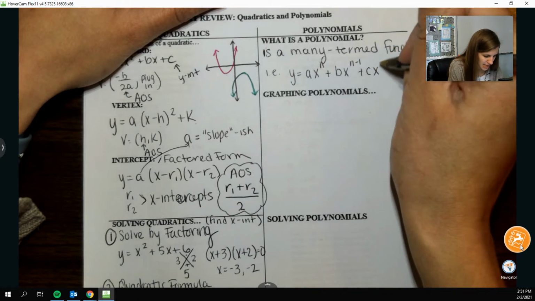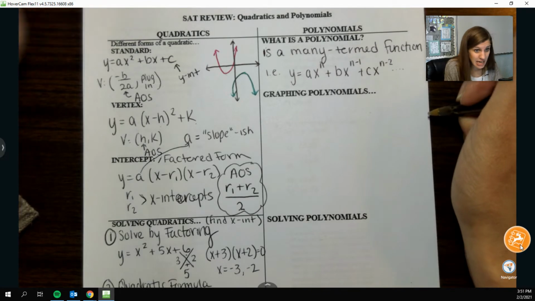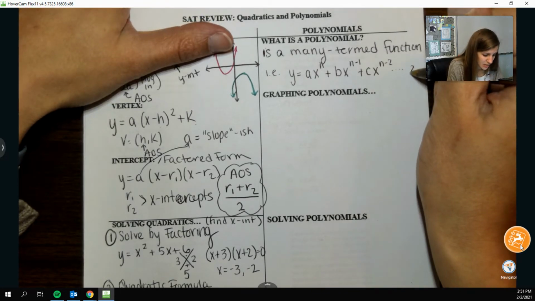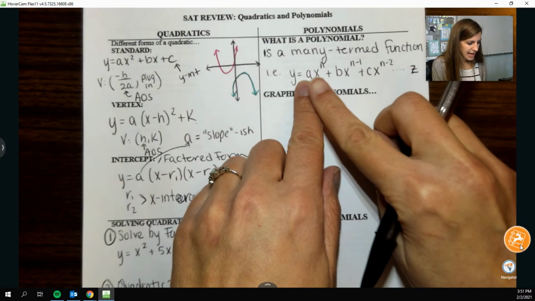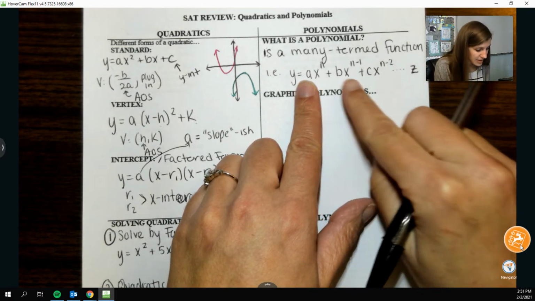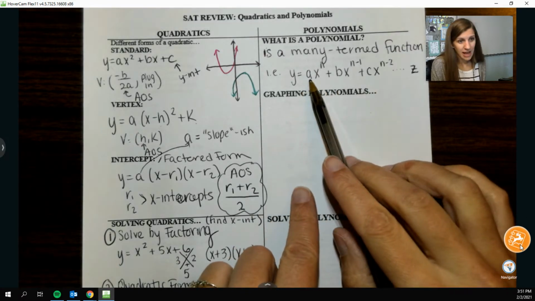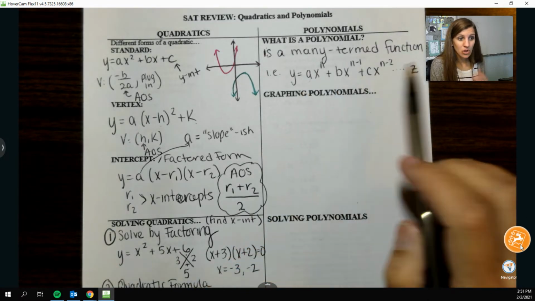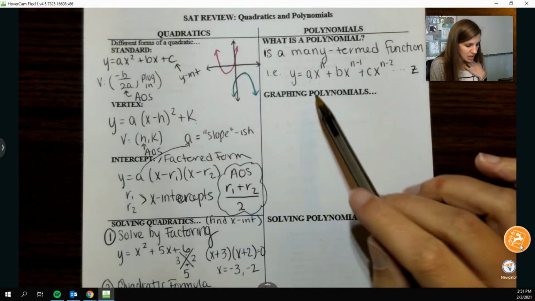Plus c times x to the n minus 2 power, as far as I need to go, all the way down to z, where I have no more x's. So the a, b, c, those letters in front of the x's, those are just coefficients. You know, when you see it, it might have a 1 here, a 2 here, those are just going to be numbers. X is my variable, as always.